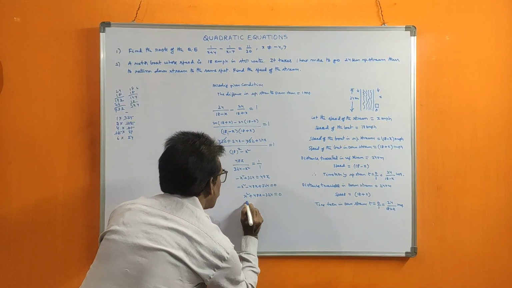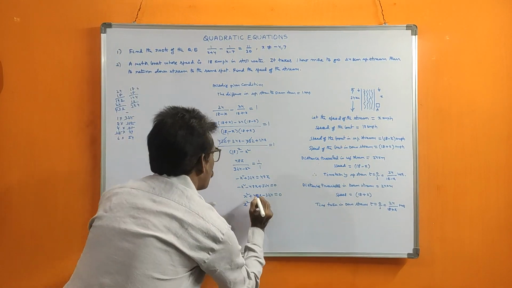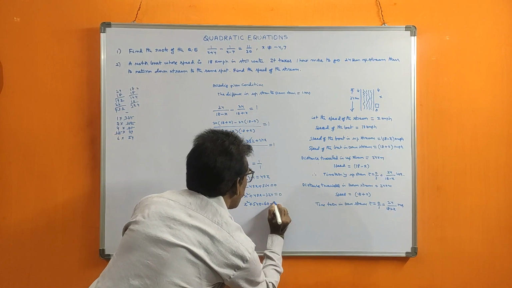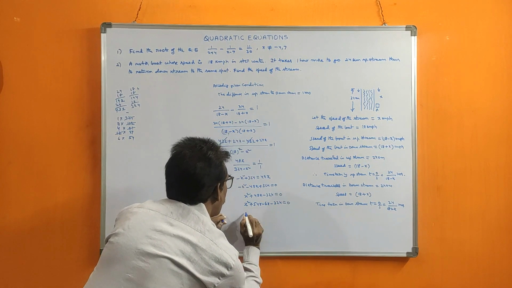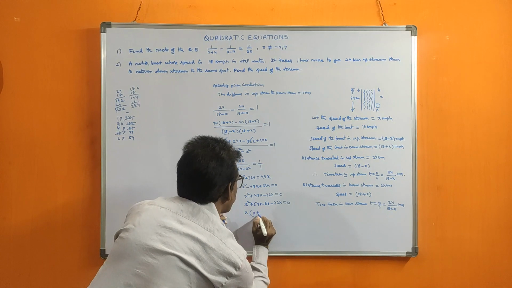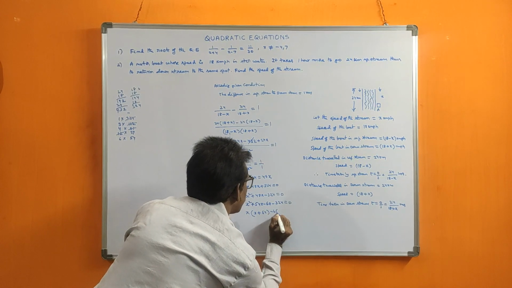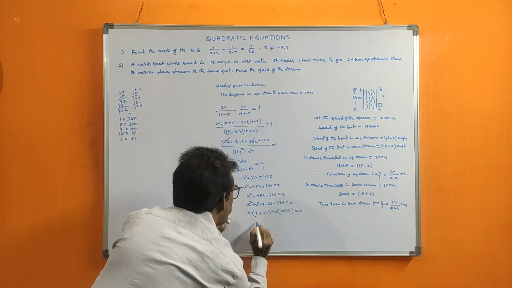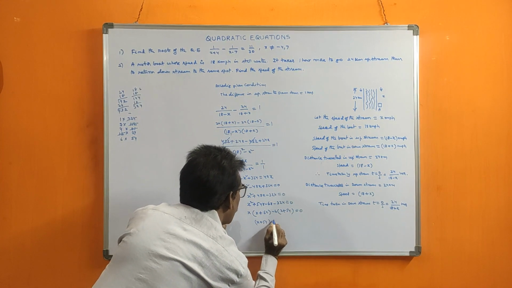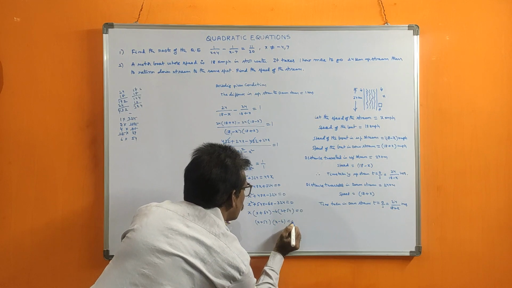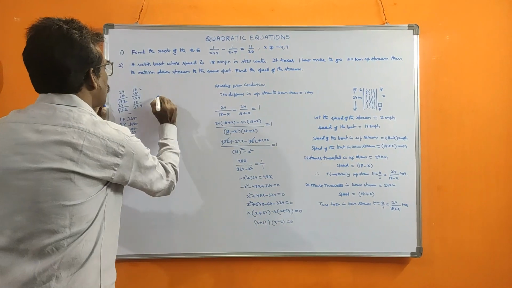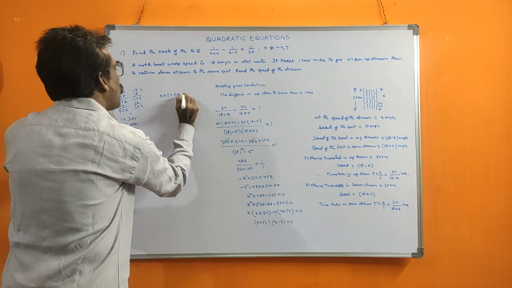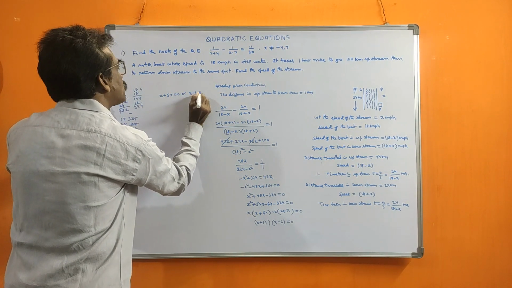So we can split it as x square plus 54x minus 6x minus 324 is equal to 0. x common, x plus 54; minus 6 common, x plus 54. So (x plus 54) into (x minus 6) is equal to 0. Therefore x plus 54 is equal to 0 or x minus 6 is equal to 0.